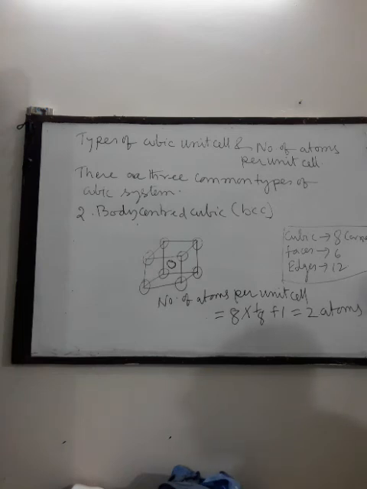So for simple cubic, number of atoms per unit cell is 1, and for body centered cubic it is 2. And the last one is face centered cubic.